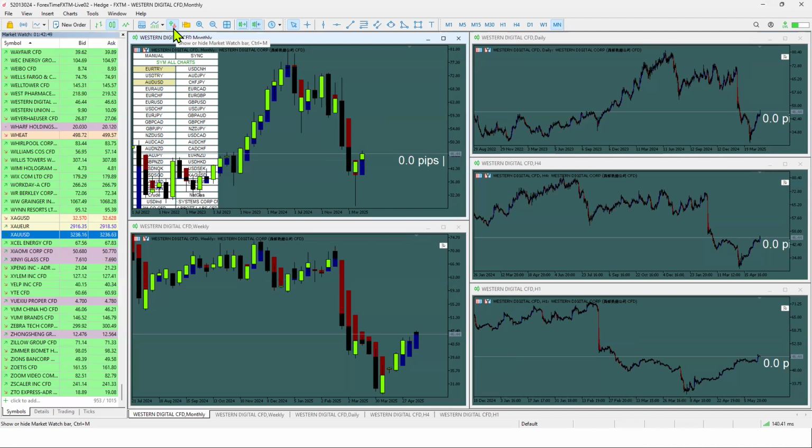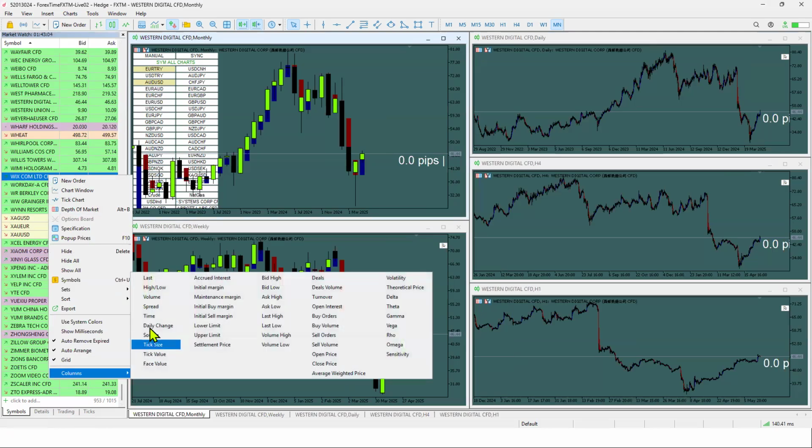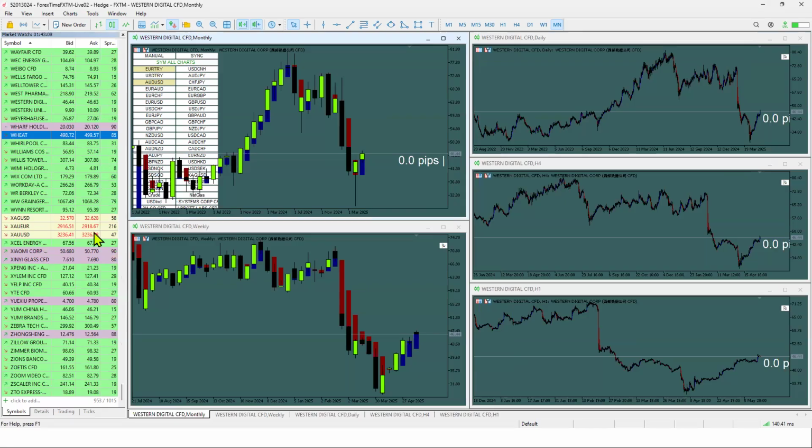When you enter a trade, you want to overcome the spread before you make profits. So if I come here and say show spread, I can add spread to this, and now you can see the spread. Look at all the spreads. See this one, very high.